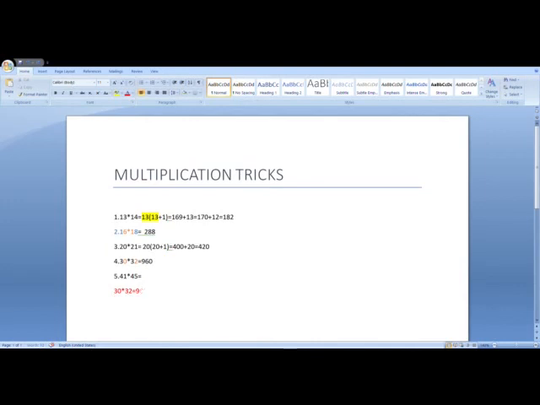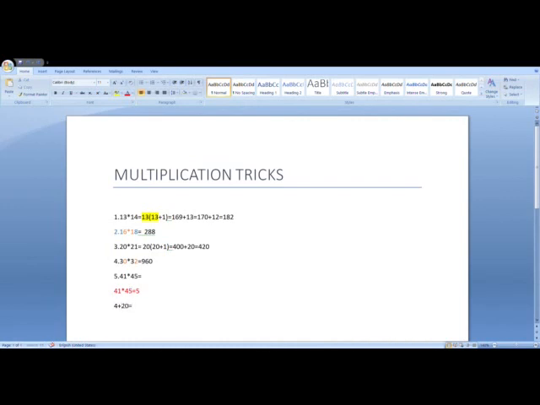41 into 45. 5 into 1 is 5, the last digit. Now the middle terms: 4 into 1, that means the second digit of the first number and the first digit of the second number, which is 4, plus the first digit of the first number and the last digit of the second number, 4 into 5 is 20.